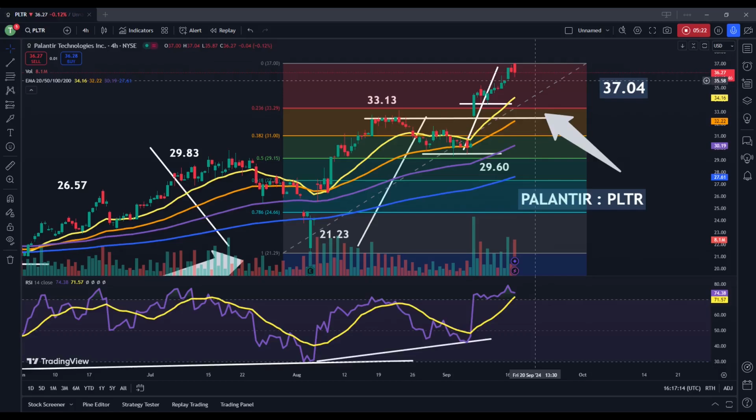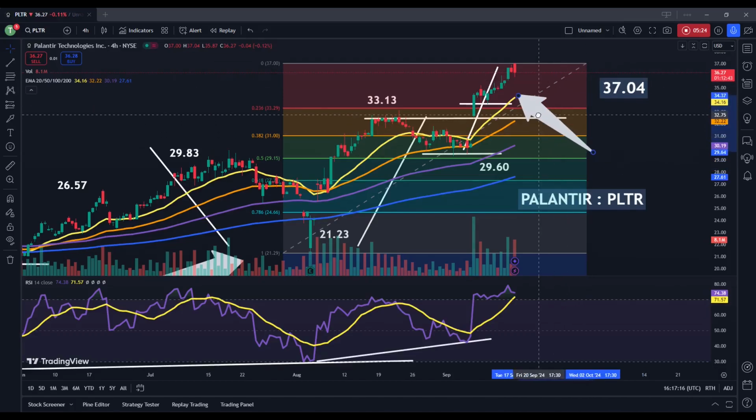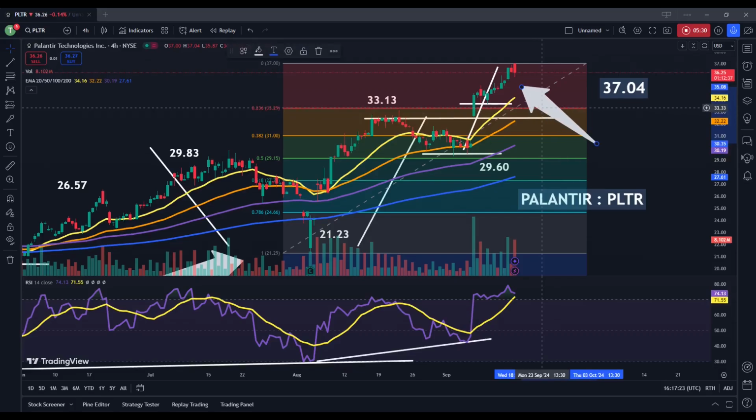Buying in at those upper levels like that is a complete recipe for disaster. And the YouTubers that have been calling for buy entries in this region have no idea what they're doing. They should not be talking about stocks at all. They should go be playing around on TikTok or something like that, because this is not the right time to be buying the stock.